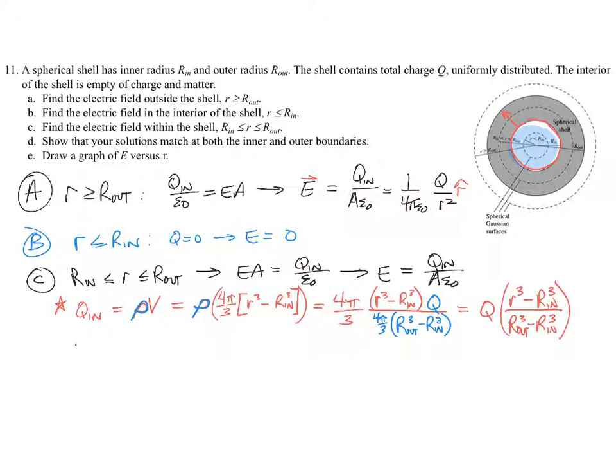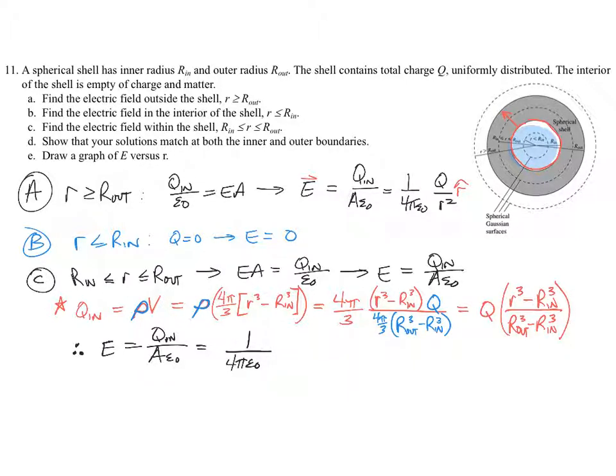So therefore, and this little triple dot thing is a math shorthand for therefore, Q enclosed per area epsilon naught will end up being, well, we're going to have 1 over 4 pi epsilon naught.